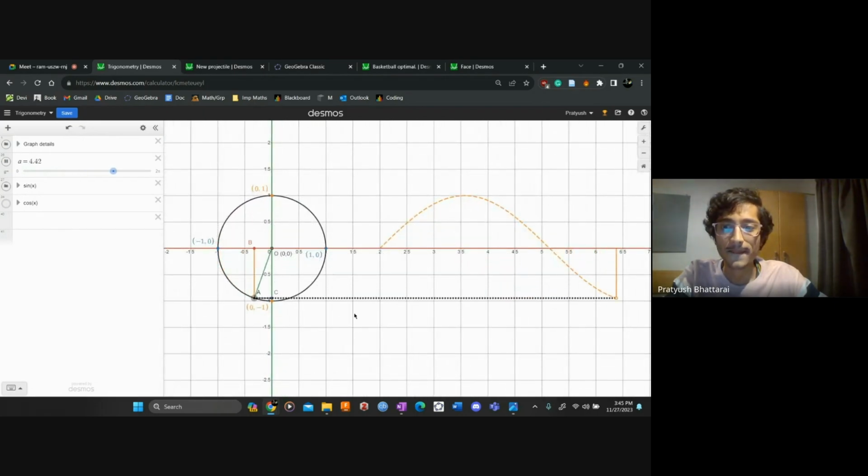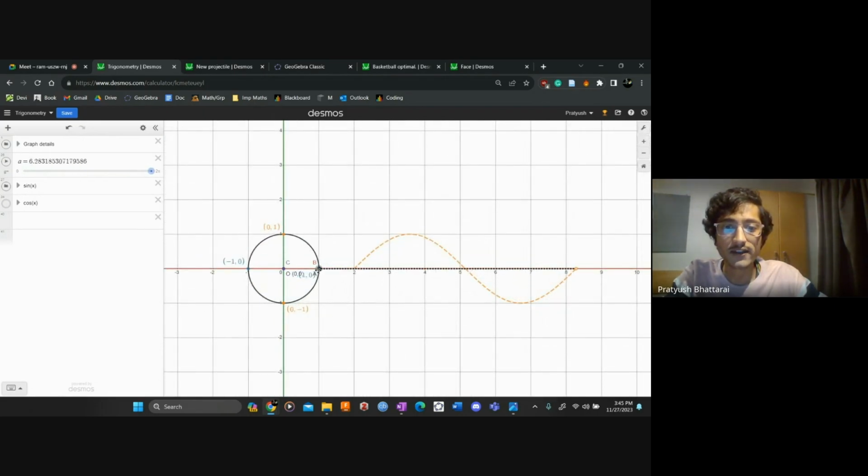If you look at the height of the sine and plot the height with respect to the angle, you're going to get this wavy pattern. This is the graph of the sine function, and this is how you construct it.